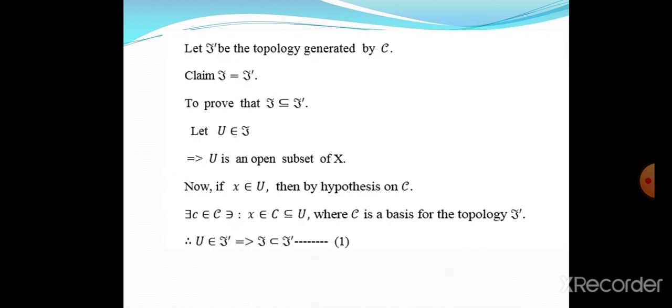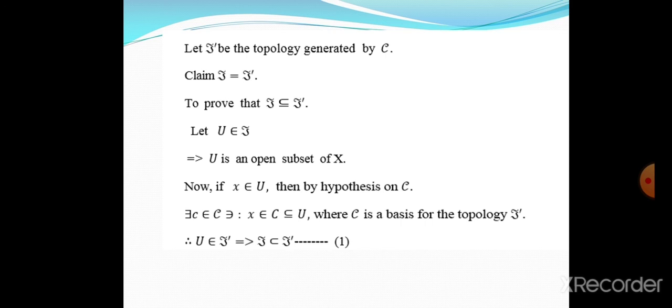Okay. Next, let tau dash be the topology generated by C. Tau is a topology. Now you have to take tau dash as the topology generated by C. The claim is tau equals tau dash.